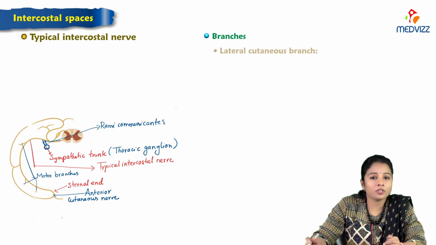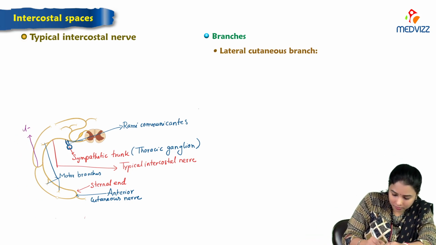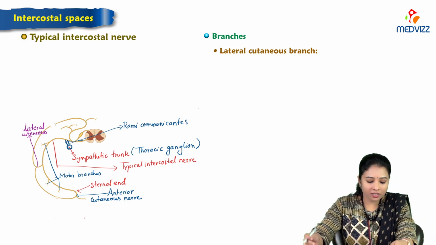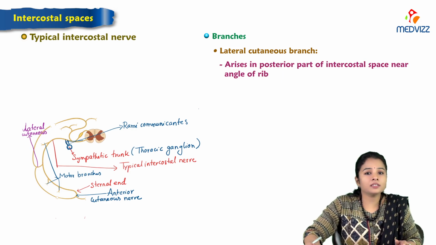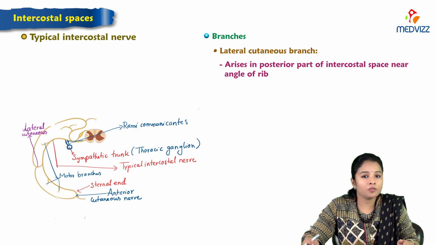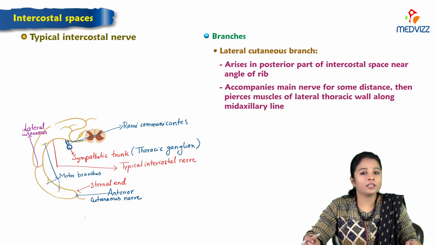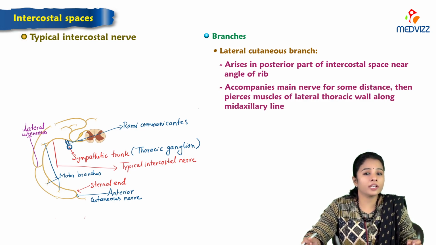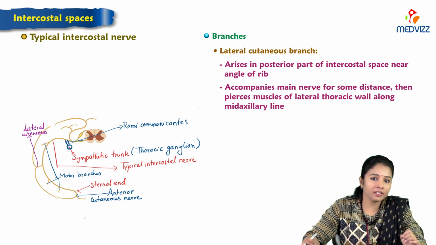And let's talk about the lateral cutaneous branch. So here is the lateral cutaneous branch, and it arises in the posterior part of the intercostal space near the angle of the rib and accompanies the main nerve for some distance, and then pierces the muscles of the lateral thoracic wall along the mid-axillary line.